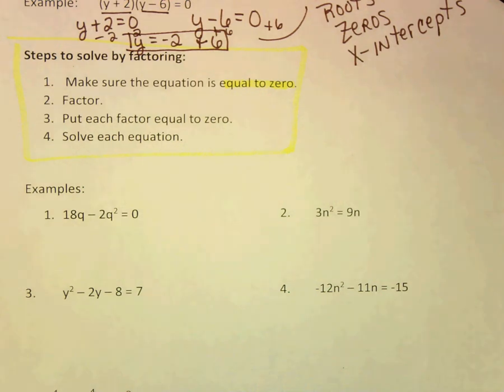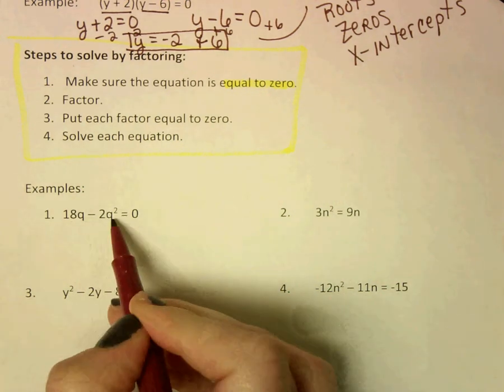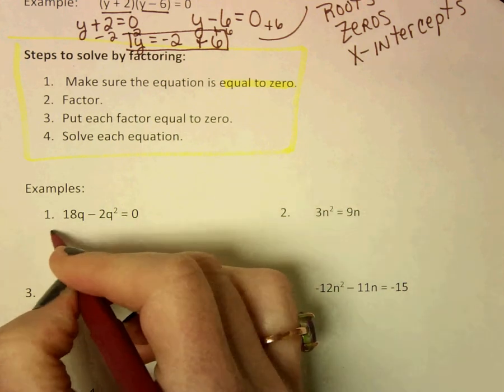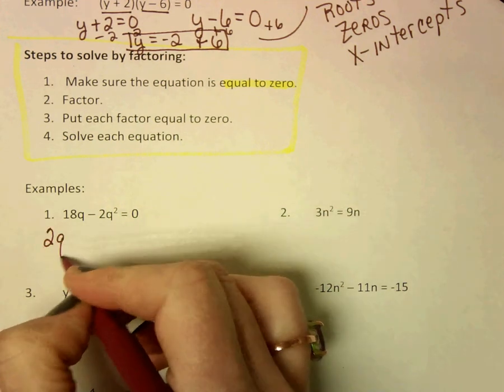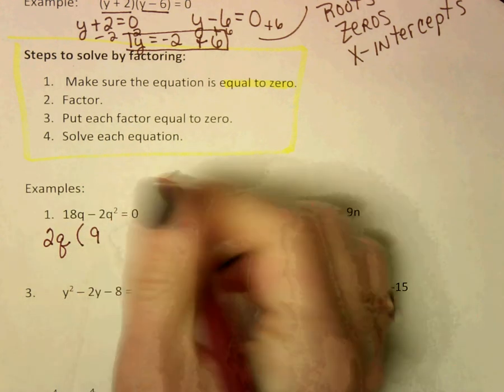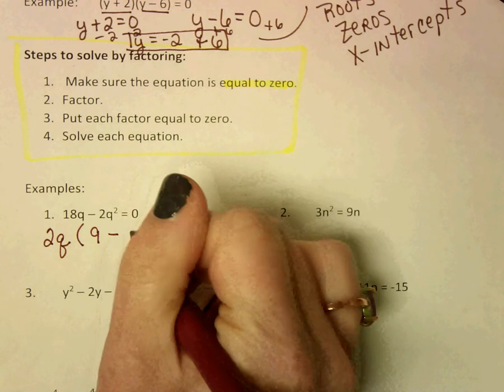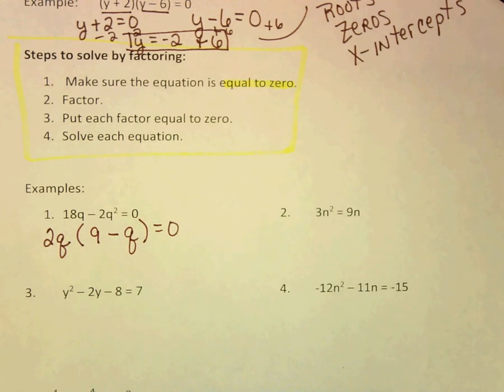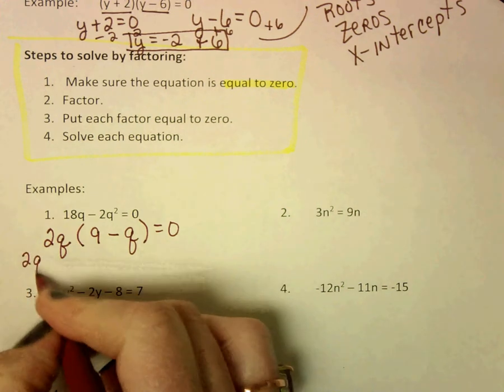Number 1, we have a binomial here. So I would start by pulling out my greatest common factor, which is 2q. That's going to leave me with 9 minus q. Okay. And so now I'm going to take each factor and put each factor equal to 0.